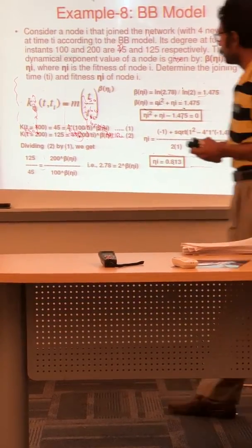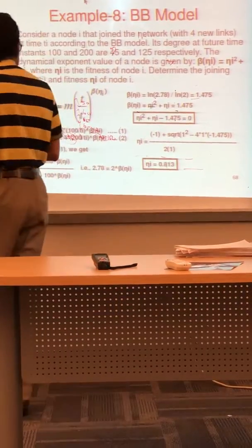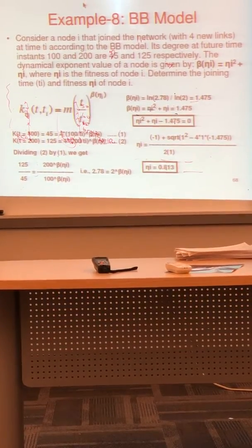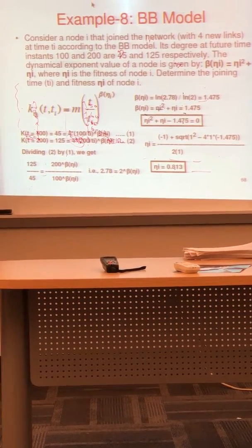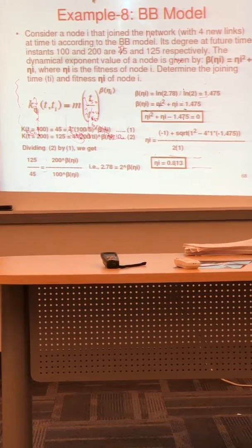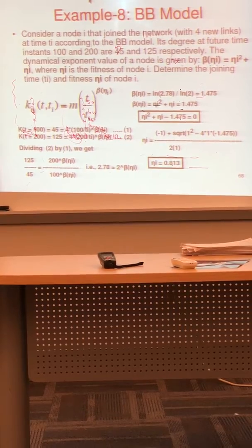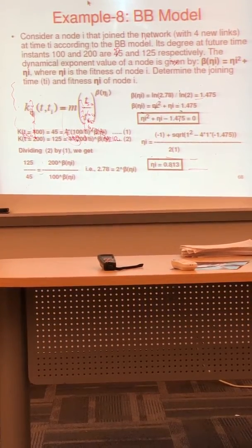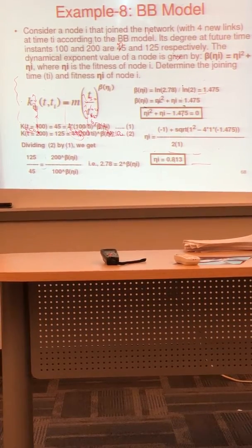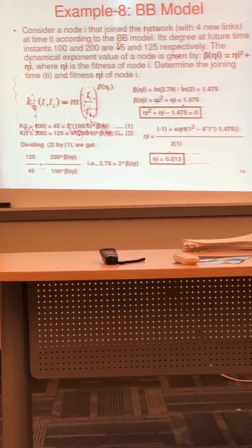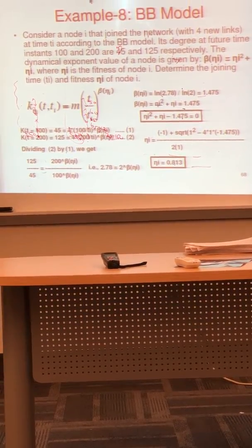Okay, the last problem. Again, BB model. Consider a node that joined the network with 4 new links. So M is given here. Each newly joining node gets 4 new links. Joining time is not yet given. So some node I joined at time Ti with 4 new links.